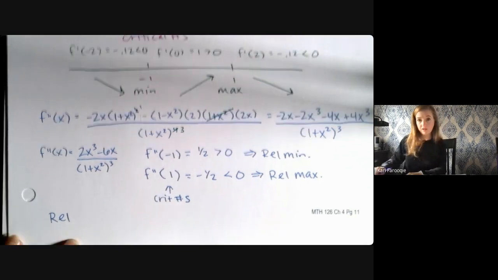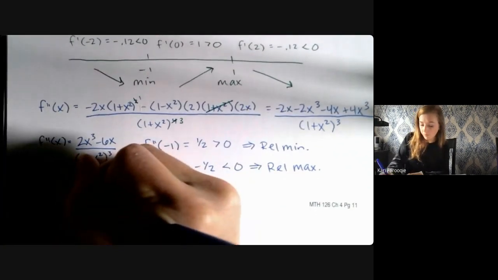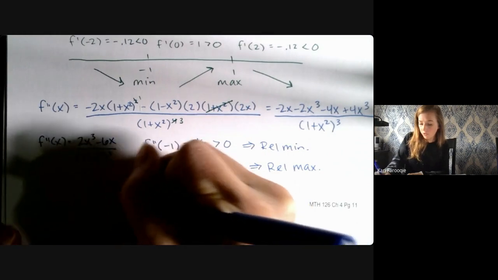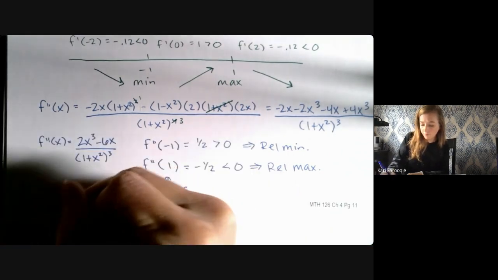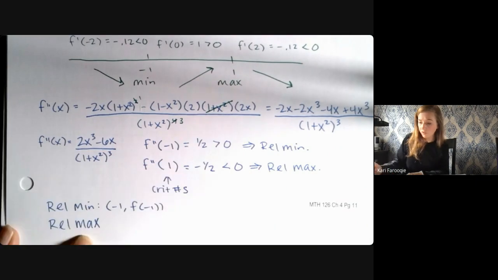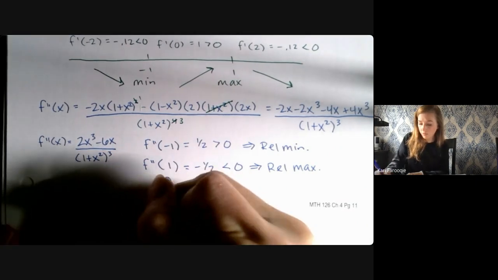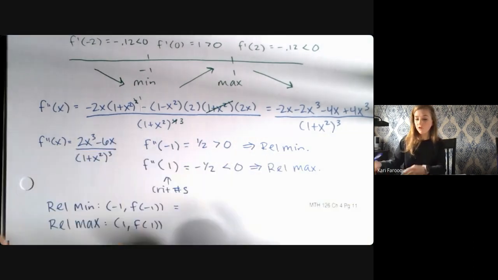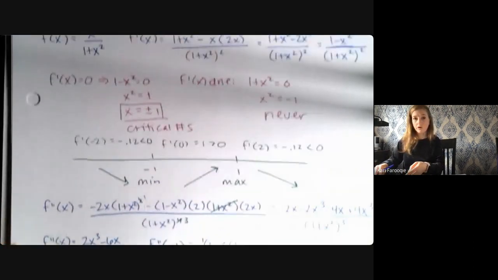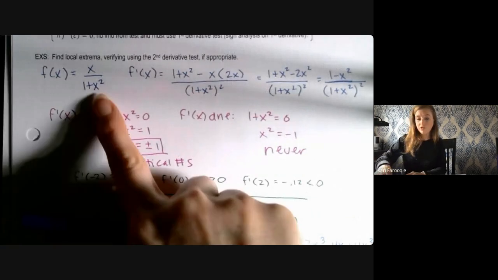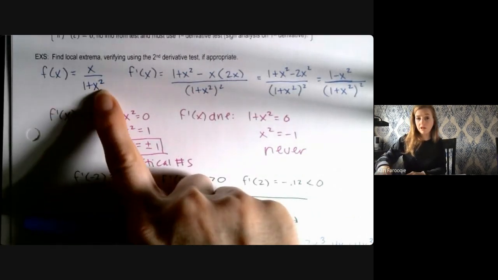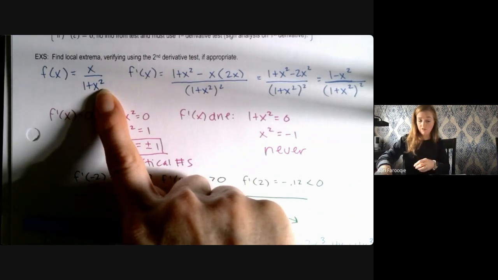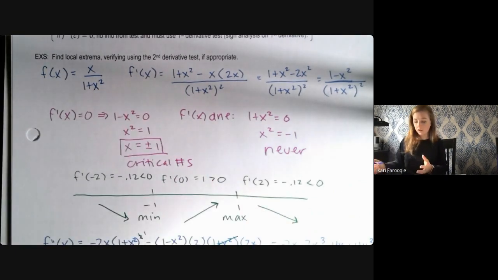So we can say that the relative min is at -1, f of -1, and the relative max is at 1, f of 1. And then you can go ahead and pop these into the function if you want. The function's actually pretty straightforward. Note that whether you're entering x equals positive or -1, you're squaring it. So the denominator is going to be the same in each case. Or you could just put this into your calculator.